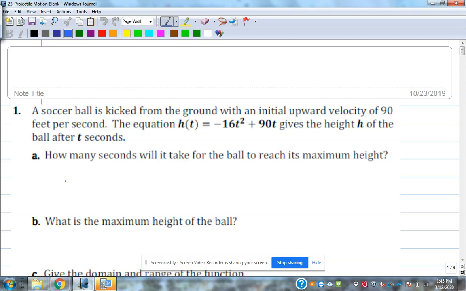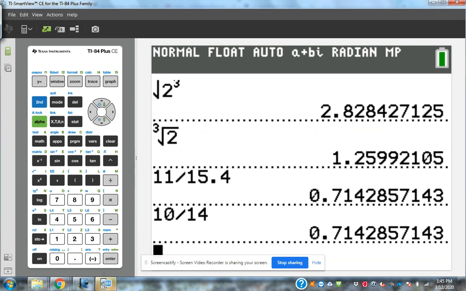What was the little formula to find the axis of symmetry or the x value of the vertex? Negative b over 2a. The only difference is instead of x, we got a t in there. It's the same thing though. It's negative b over 2a. So negative 90 over 2 times negative 16. So I'm going to do that.